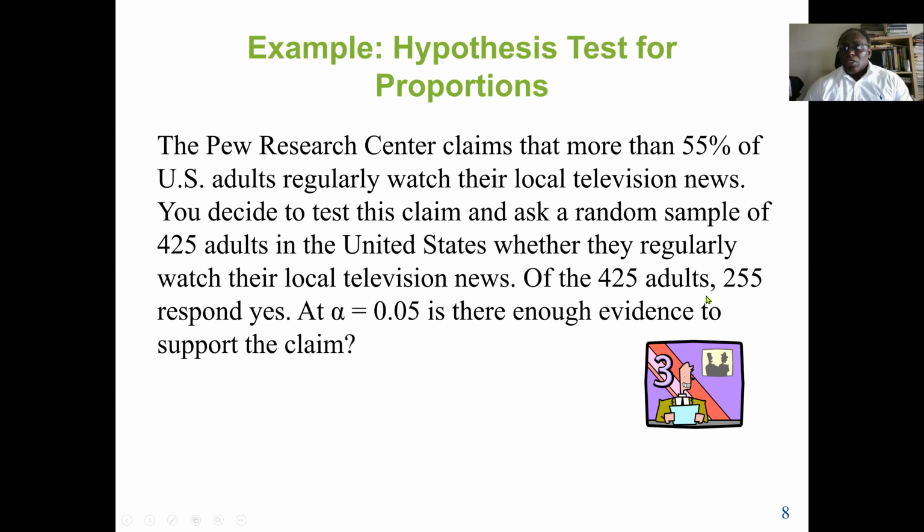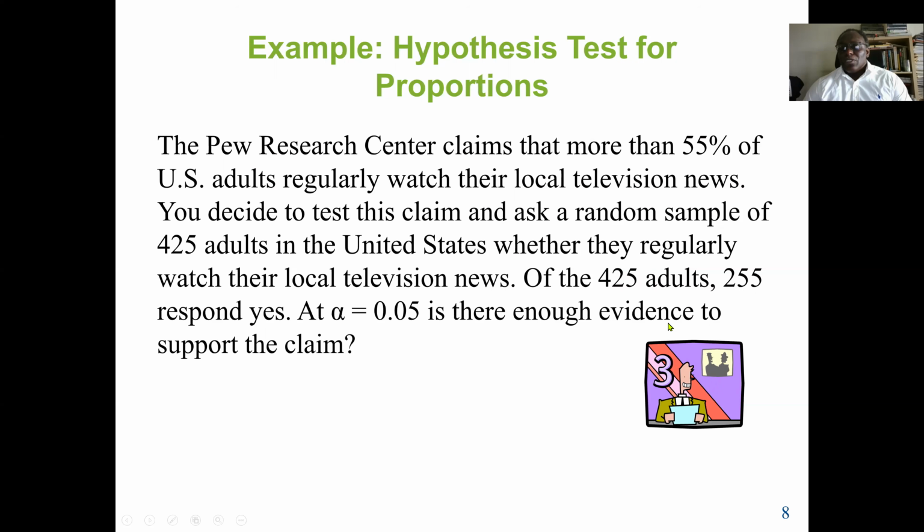In the previous example, we were given the percentage, saying out of 200, 49% said yes. Now they didn't give us the percentage, but we can still find it since the sample size is 425 and 255 out of 425 said yes. So I'll divide 255 by 425 to get the proportion.